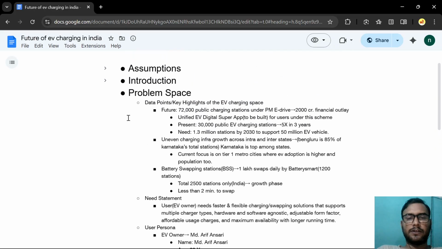So let's say the data points. Currently there are 30,000 public EV charging stations, and the increase is 5x in 3 years. But the plan of the government in the PM E-Drive is that there need to be 72,000 public charging stations on the national highways.